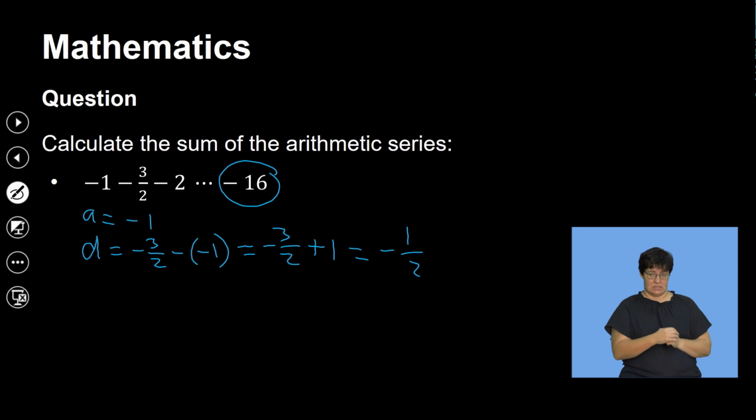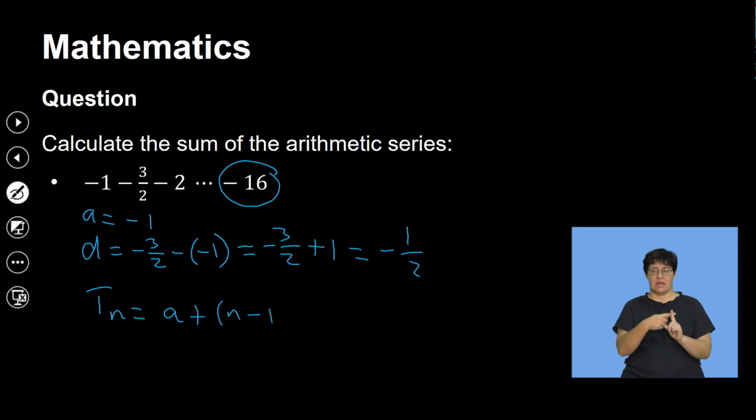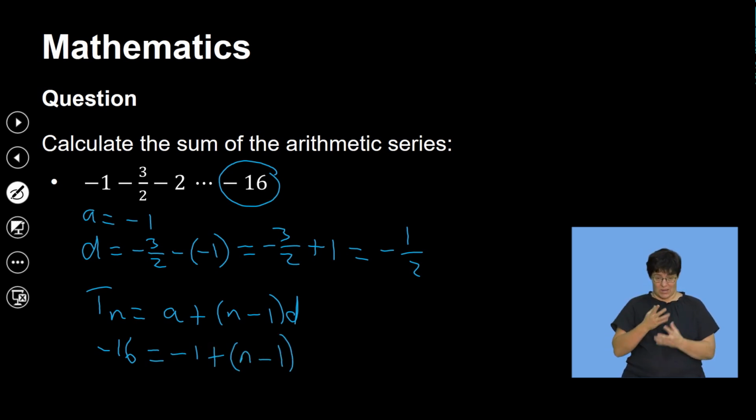And then my n value, I will first need to find what the n value is, right? Using the Tn formula. Tn is equal to a plus (n minus 1)d. The last term is minus 16, equal to, I know a is minus 1, plus, I'm trying to solve for n, and d will be minus 1 over 2, right?